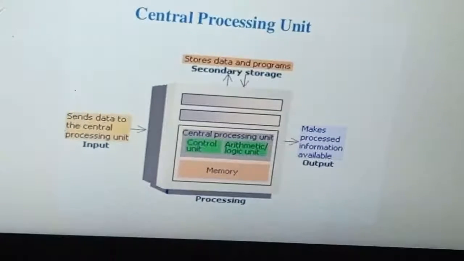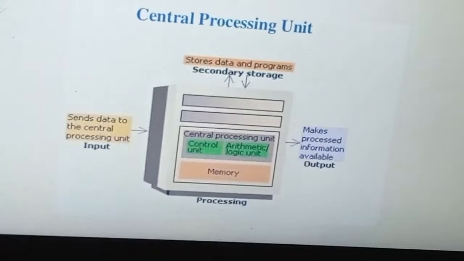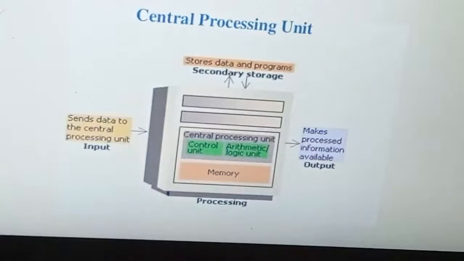For connecting these input and output devices to our CPU, we need ports and connections.